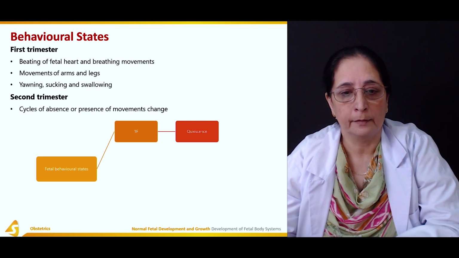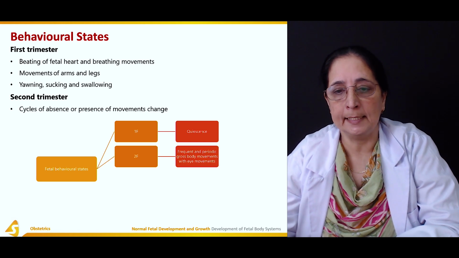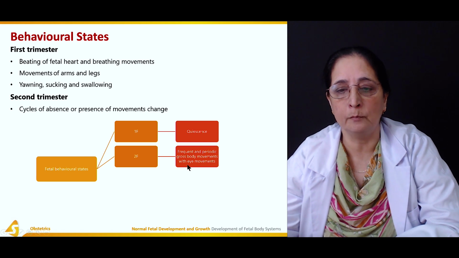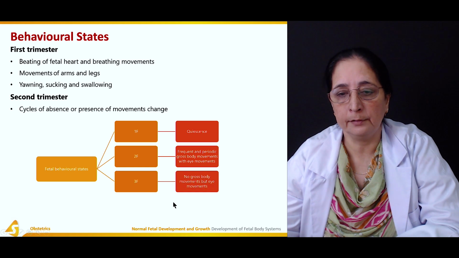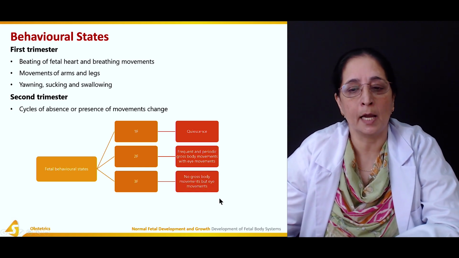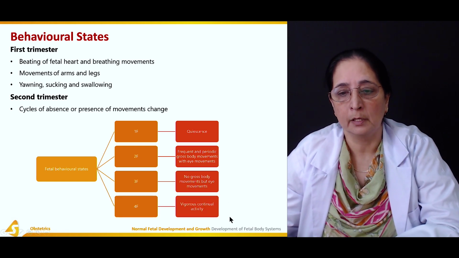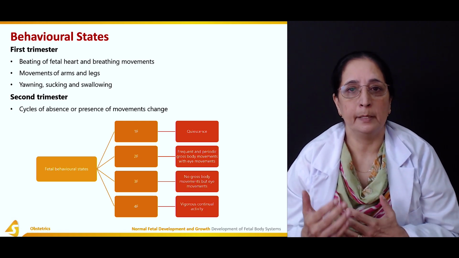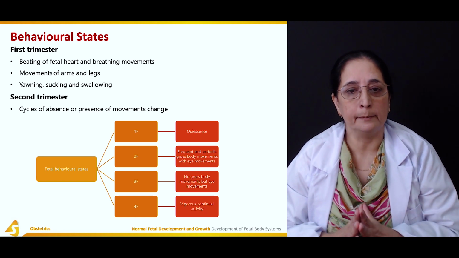Then in the second, there are frequent and periodic body movements with eye movements. Then in the third phase, there are no gross body movements, but eye movements are present. And then in the fourth, vigorous continual activity. As the baby grows, more and more movement is felt by the mother.